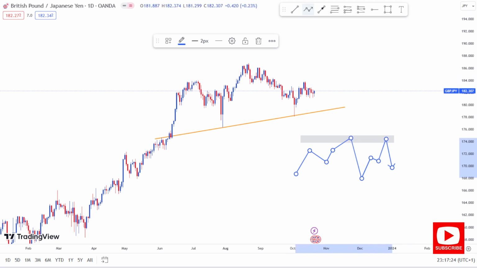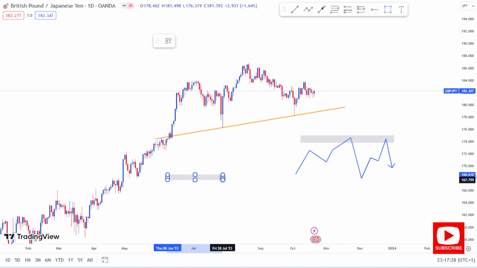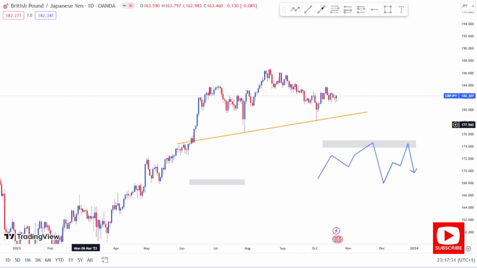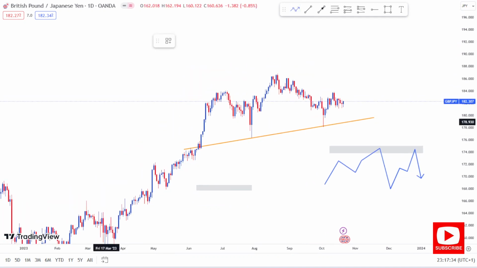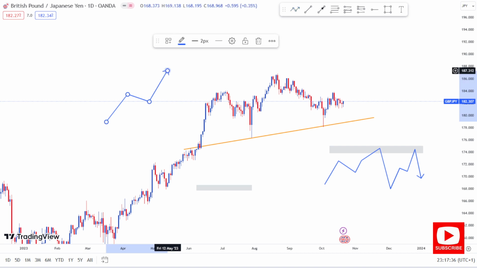But in an instance of maybe you're looking for a change of character in the market, let's say price is making higher highs before making a low, and it is a wick that changed the character, it is not a valid change of character.